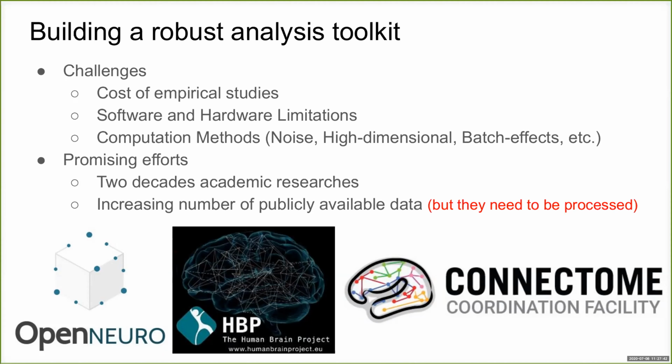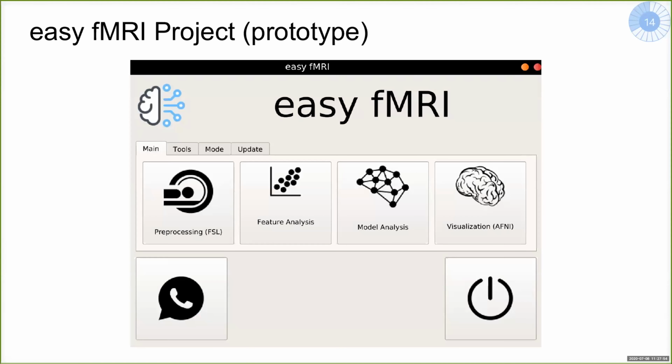We need huge computational power to analyze these datasets and generate wisdom or knowledge from the raw data. Since 2014, we have been working on a prototype for the EasyfMRI project. It includes the whole pipeline: preprocessing, feature analysis, model analysis, and visualization for fMRI datasets.